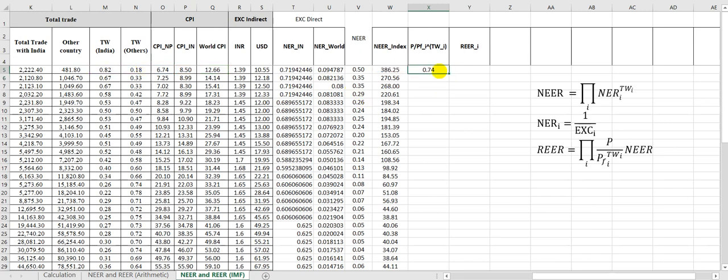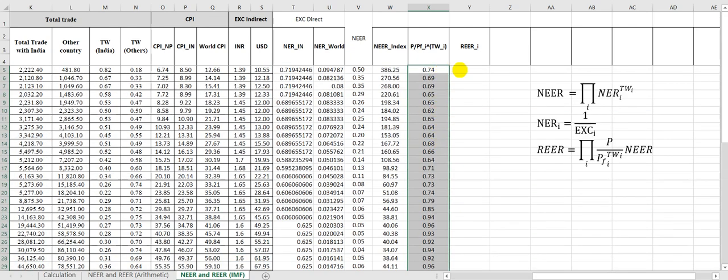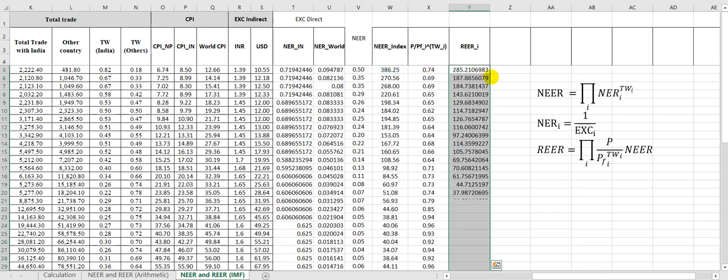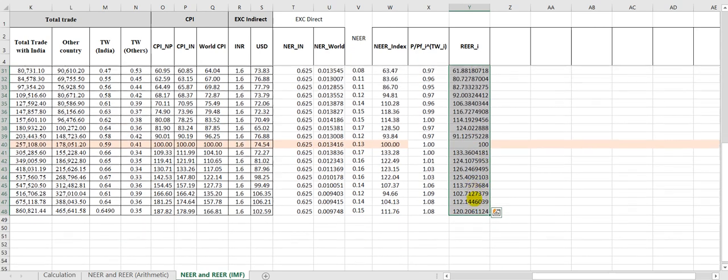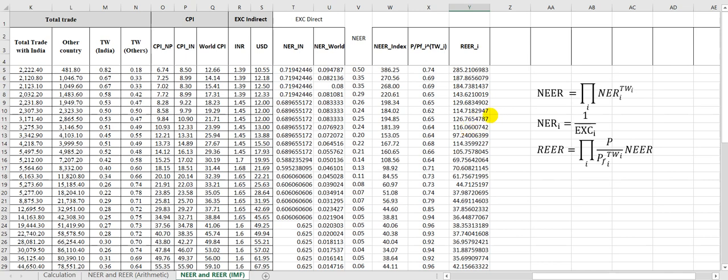This is the price correcting factor, and I will simply drag it down by double clicking on it. I'm multiplying the nominal exchange rate with our price factor. Simply doing it, it's 100. Our calculation is 100% right. If it's not 100, then there is some mistake. This is the RER calculation using the IMF approach.